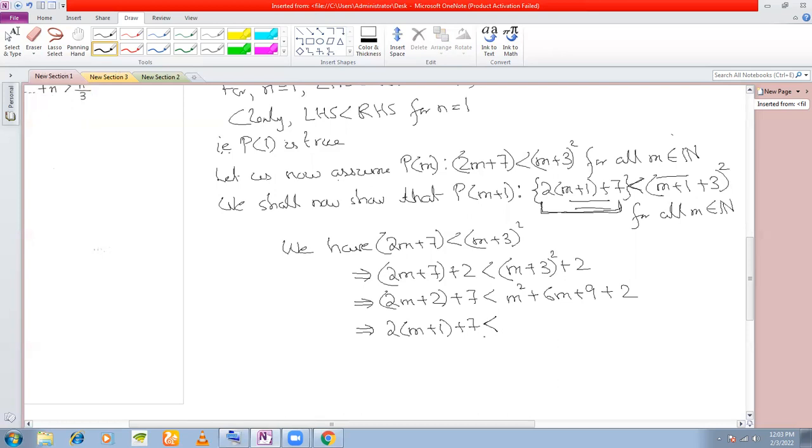So let's see what right hand side we are getting here. M square plus 6m plus 11 we are getting, right? But what do we have to show? We have to show it is less than m plus 4 whole square, right?